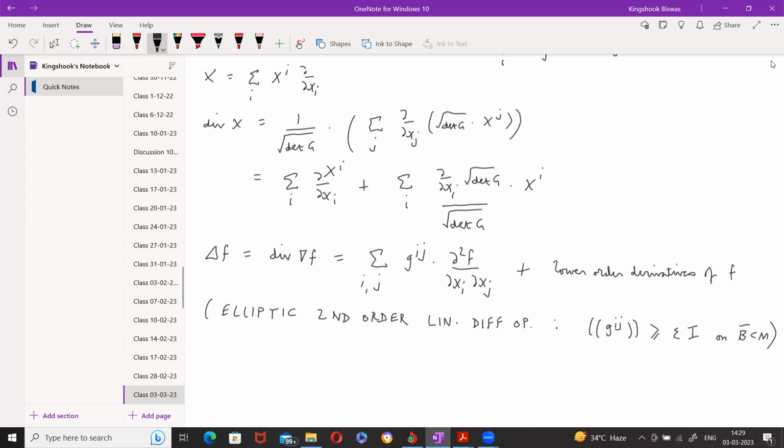So this epsilon is the lowest eigenvalue of this positive definite matrix, right? So that lowest eigenvalue can go to 0 as you go to infinity. So on a non-compact manifold, it may not be strictly elliptic. Okay. All right. So this is the Laplacian in local coordinates.